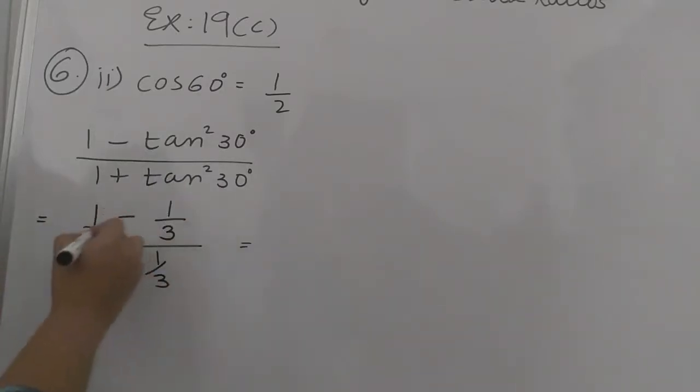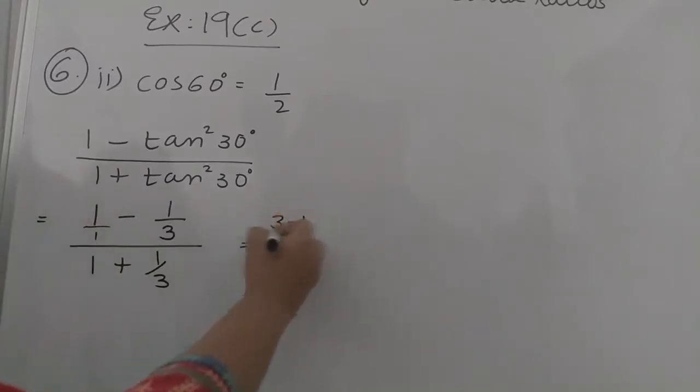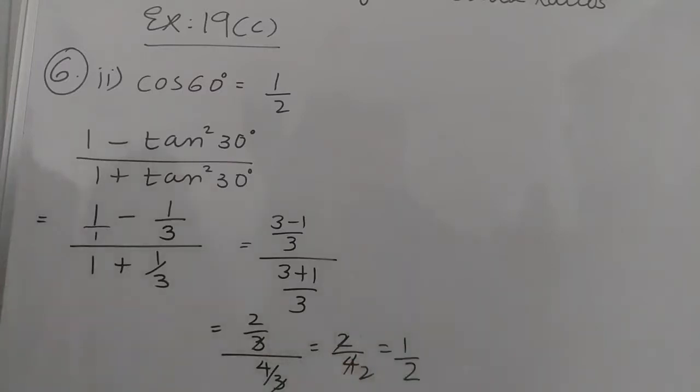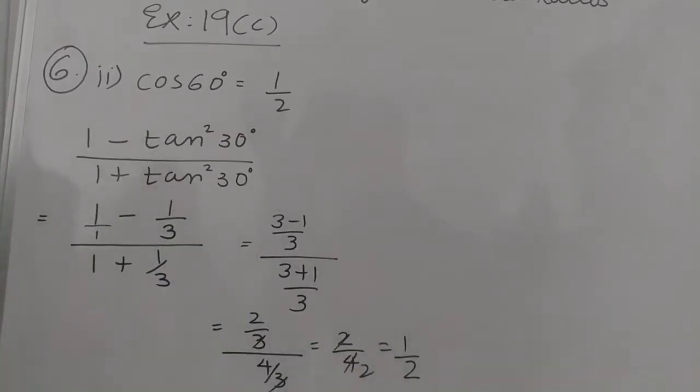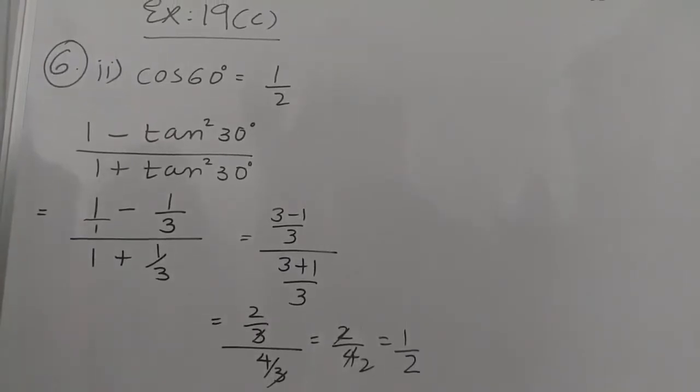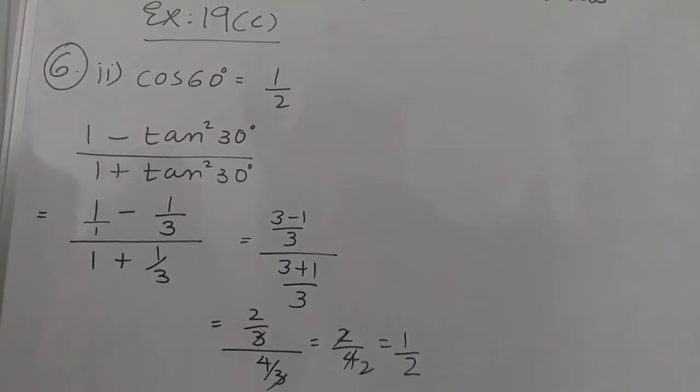By taking LCM, 3 minus 1 by 3 in the numerator and 3 plus 1 by 3 in the denominator. So now 3 minus 1, 2 by 3, and this is 4 by 3. So 3 gets cut, it will be 2 by 4, it will be 1 by 2. So we have verified that the middle part also equals 1 by 2. So here we have solved that left part and middle part are both equal to 1 by 2.